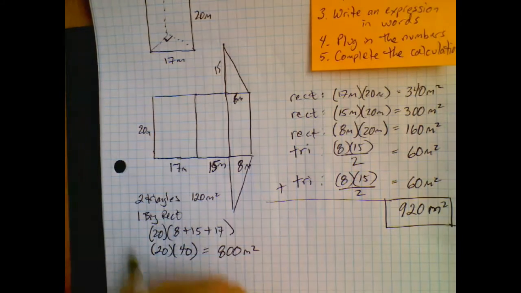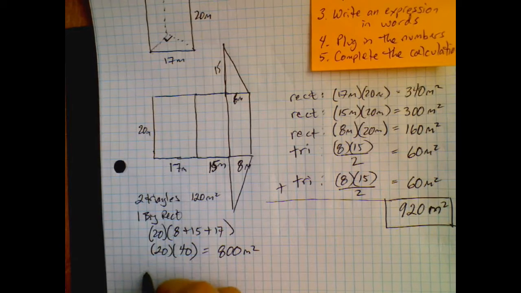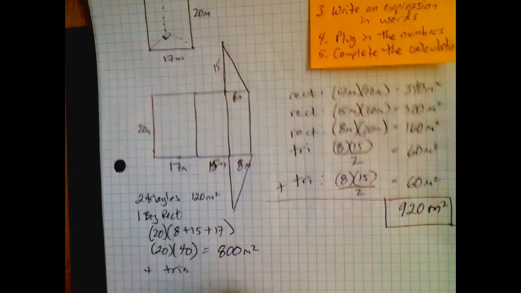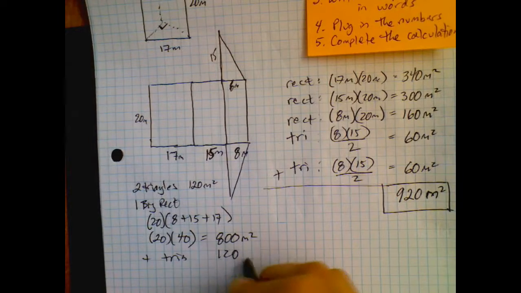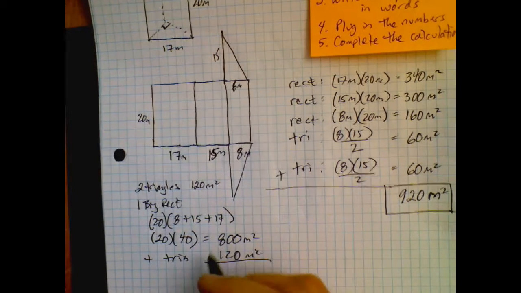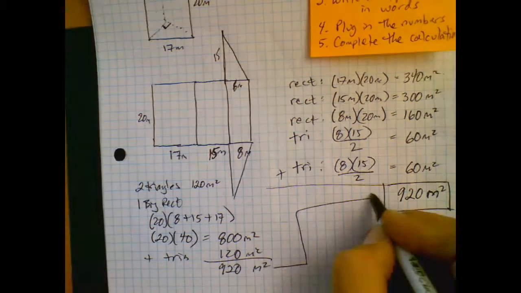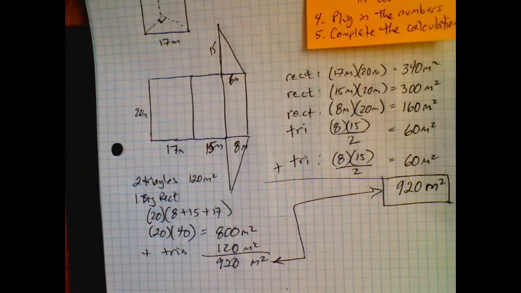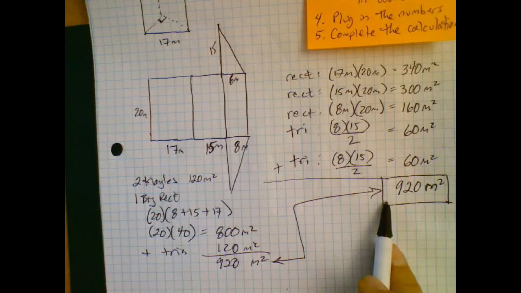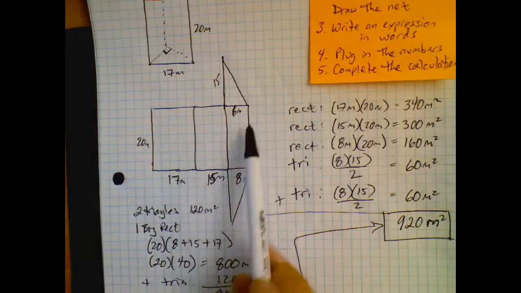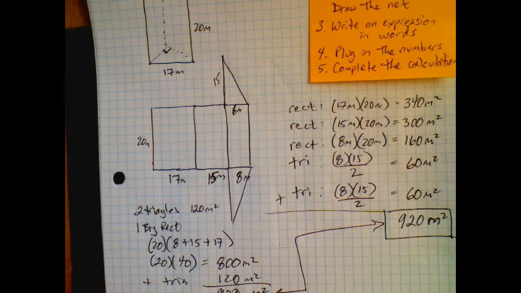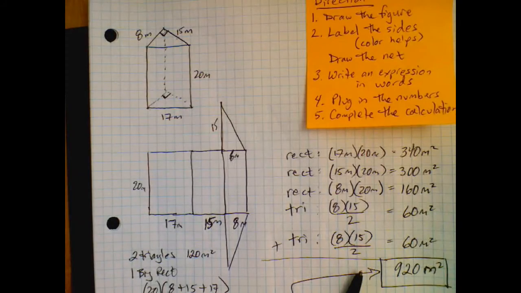So to that, we have to add the triangles. So plus my triangles, which were 120 meters squared. And lo and behold, we still get 920 meters squared. So we get the same result, even though we've sort of pieced parts together differently. Hope this helps. You can do it.